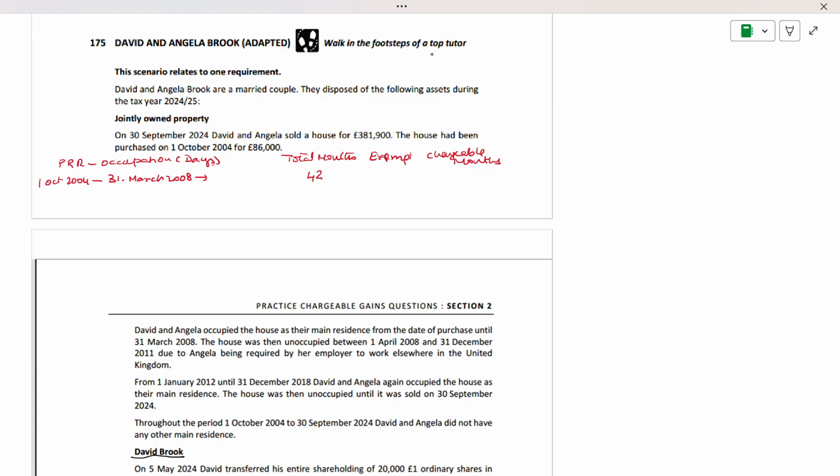Next, 2005, 2006 and 2007 are full years: 12 into 3 is 36. 36 plus 6 is 42. Is it okay? Yes, sir. How many months are exempted? 42 months.